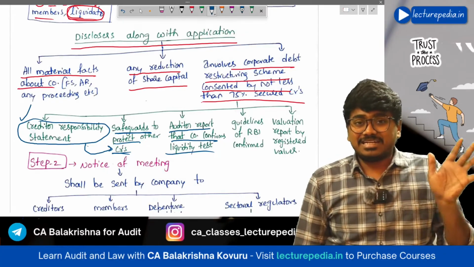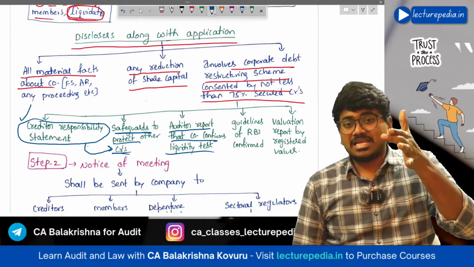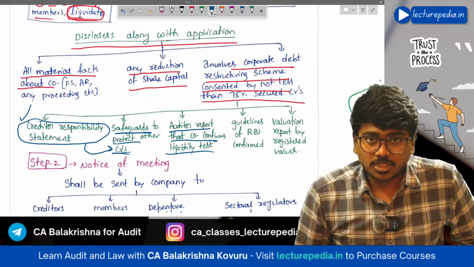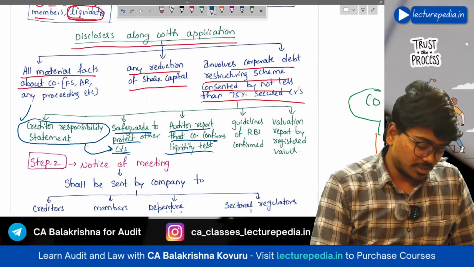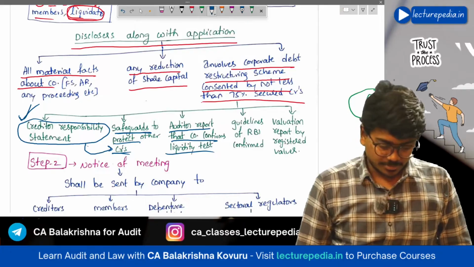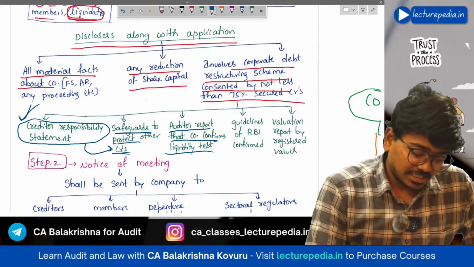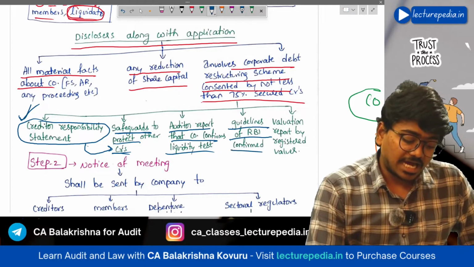For this liquidity test, that the company is in a liquid position, a certificate has to be given by the auditor. That certificate will also form part of this creditor responsibility statement. Next, that the company will comply with the guidelines issued by RBI.